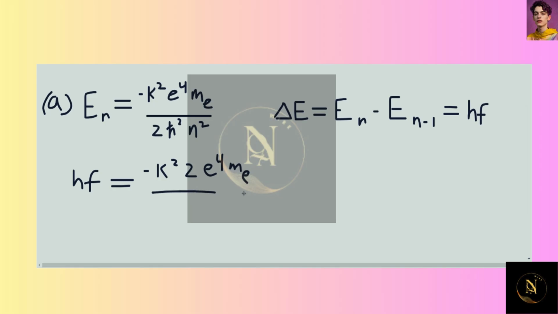That's where that 2 came from. Divided by Planck's constant squared. And then you have multiplied by 1 over n squared minus 1 over n minus 1 squared.